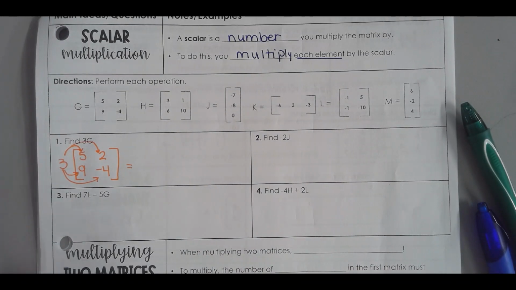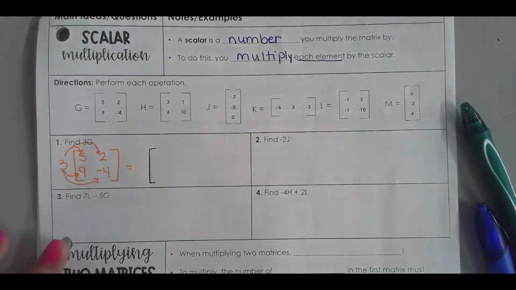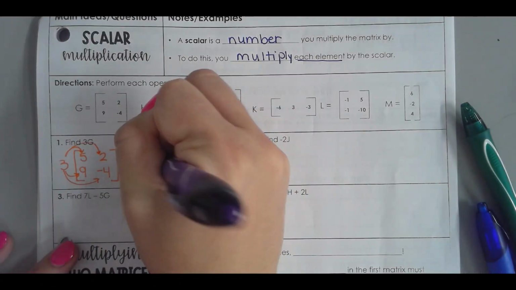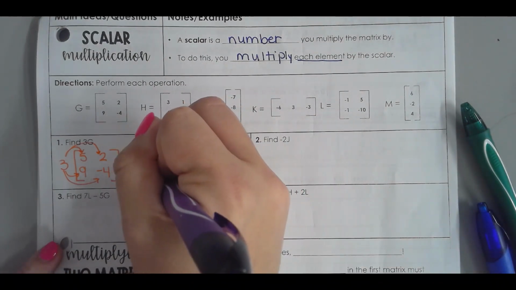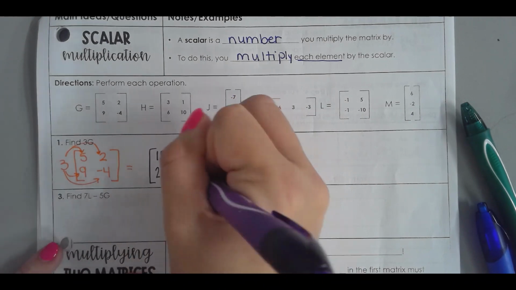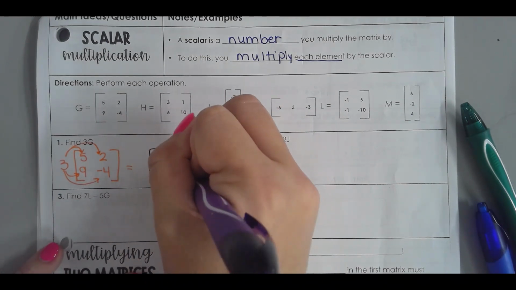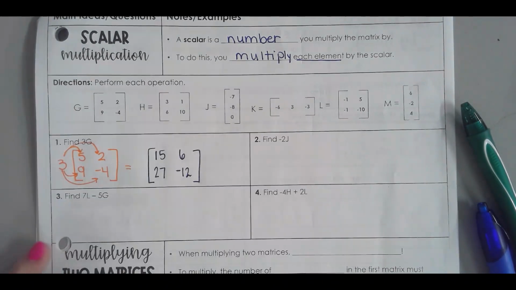So we would do 3 times 5, which is what? Yes. 3 times 2? 6. 3 times 9. And 3 times negative 4. Negative 12. Good.